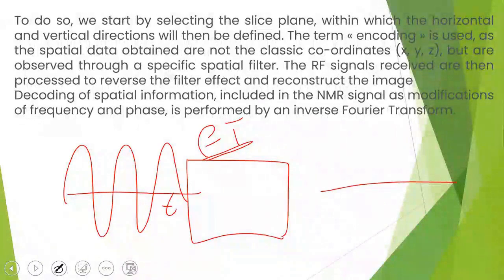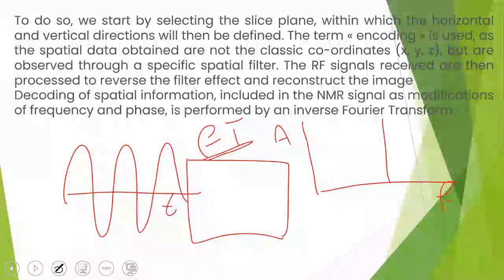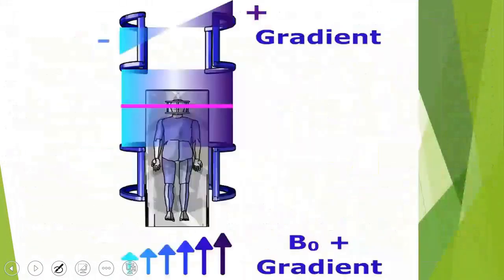The frequency domain means the signal you see here will take something called frequency. The amplitude is here, and the frequency is here. So, what does this mean? Aren't you saying you want to get an image of the existing signal?